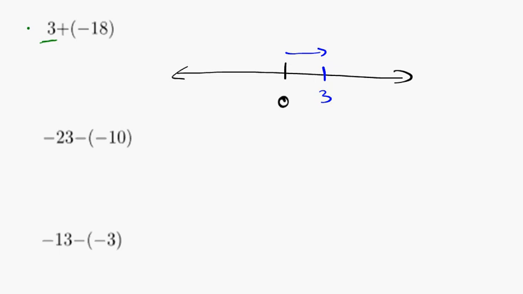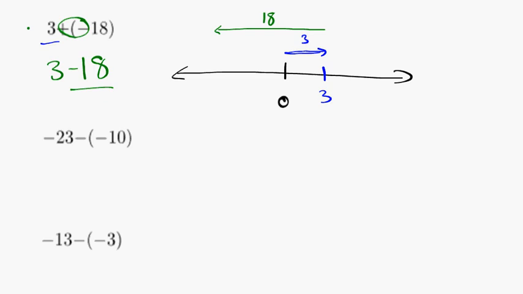If I start at positive 3, right here, this arrow has a length of positive 3. And since we are now adding negative 18, that's the same as 3 minus 18, we are subtracting 18, we're going to go to the left 18. And notice I'm drawing this arrow longer because it's bigger than 3.